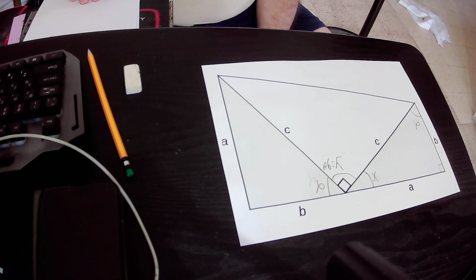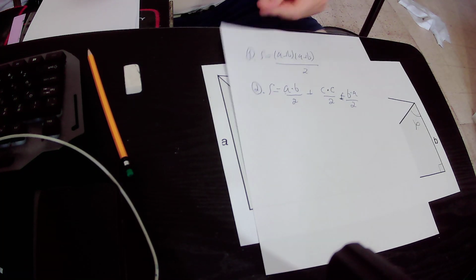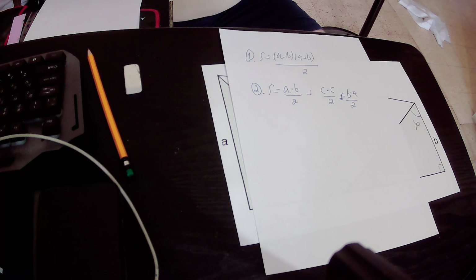Okay, so we actually calculated the area of this trapeze in a second way by saying that the area of the trapeze is the sum of the areas of the three triangles that the trapeze contains.